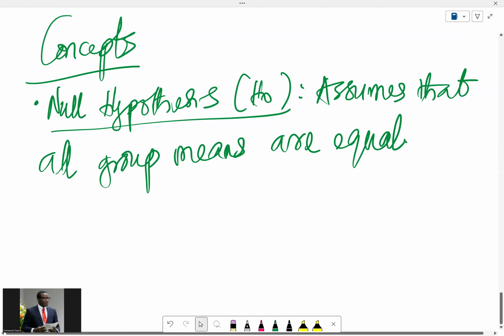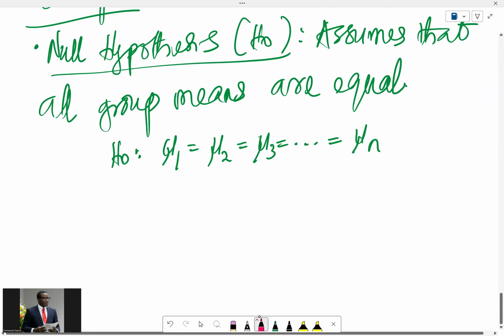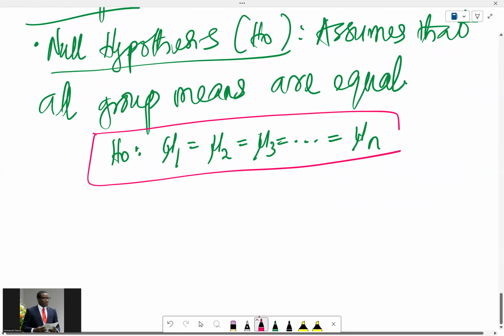What that simply means is that H naught is such that mu1 is equal to mu2 is equal to mu3 is equal to all the mu's up to mu n.